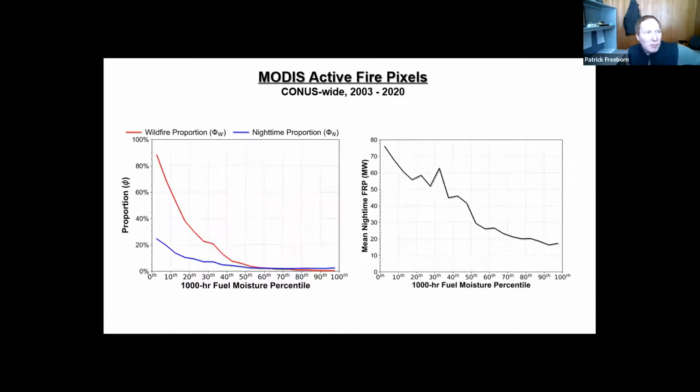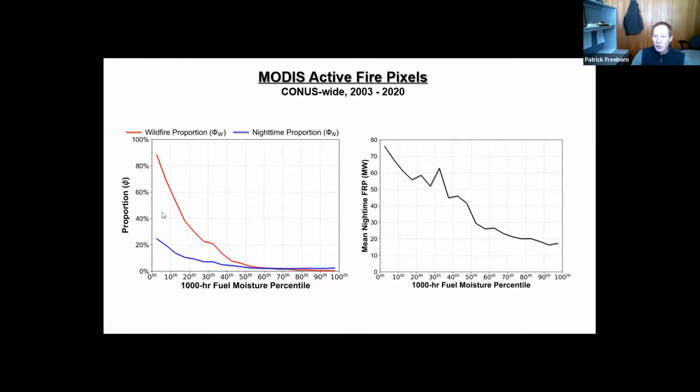So what's going on? Let's look at what's happening above the 50th percentile of fuel moisture, right? We got very low wildfire proportions, which means that MODIS is primarily detecting prescribed fires and agricultural fires during the day, but not at night.